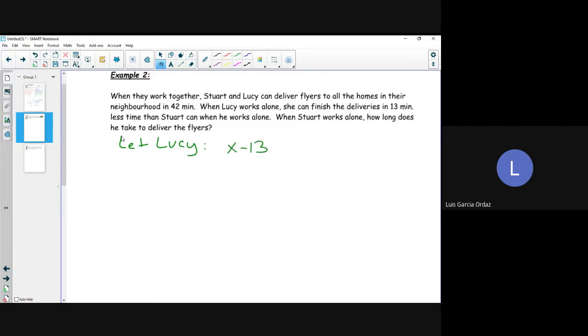But because we're dealing with rationals, what would our numerator be? 1. 1 over x minus 13. Why is it irrational? Because there's gonna have to be restrictions where they don't actually meet.